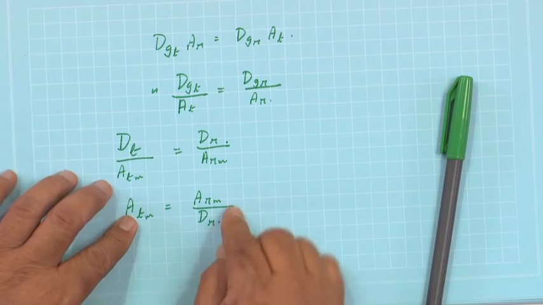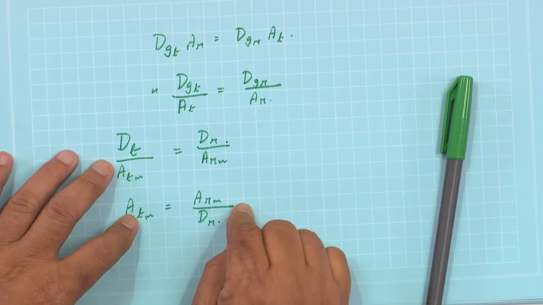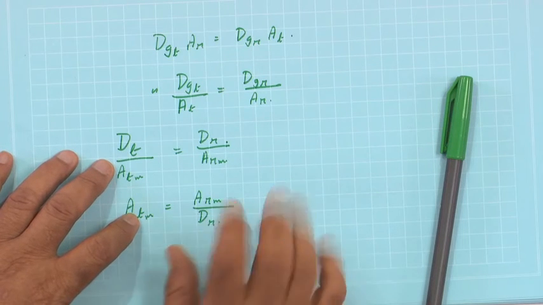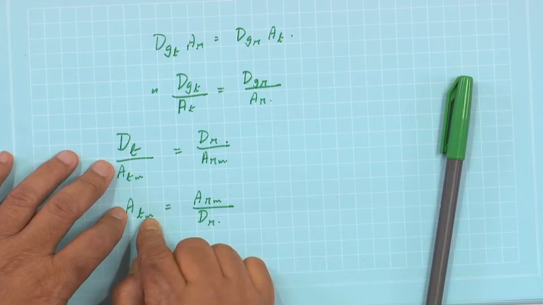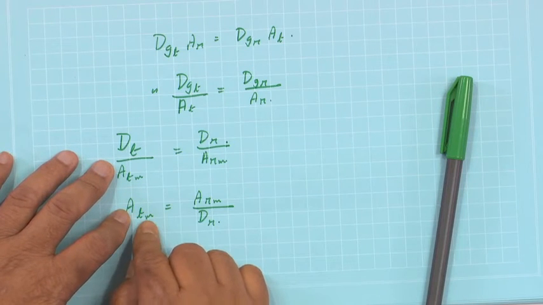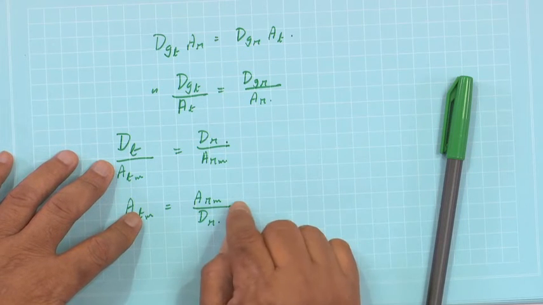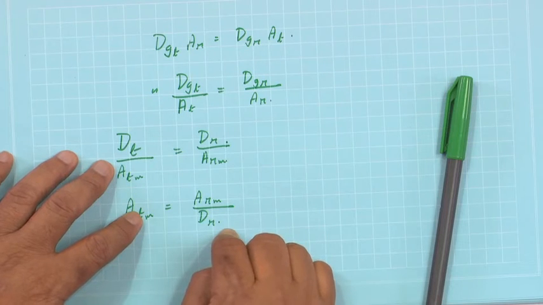It is equal to the ratio of the maximum effective area to maximum directivity of any other antenna. I repeat, the maximum effective area of an isotropic antenna is equal to the ratio of the maximum effective area to maximum directivity of any other antenna.